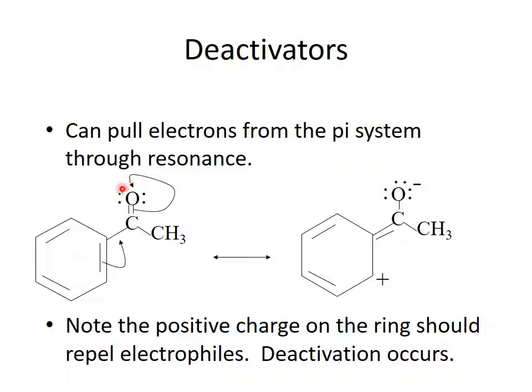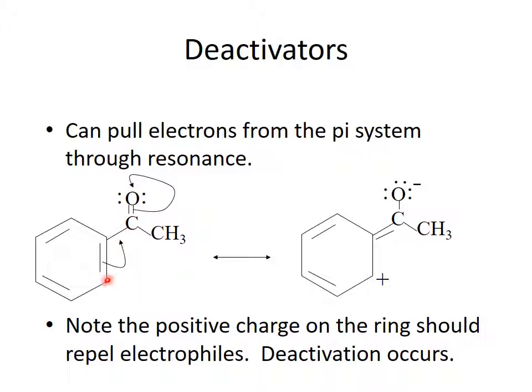Here is a meta deactivator. Notice there is an electronegative atom on a pi system, one away from the ring. This actually causes electrons to be pulled onto the oxygen because it's very electronegative, through the pi system.